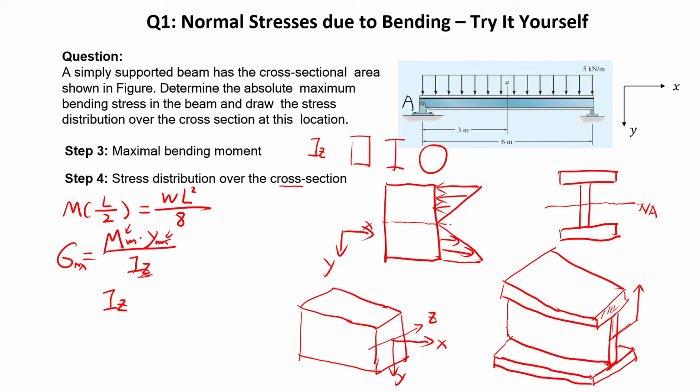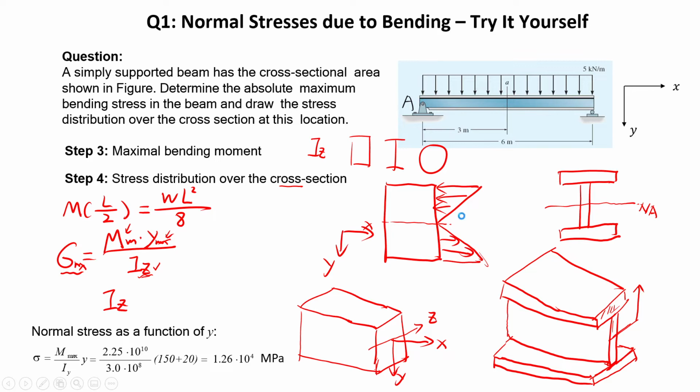So this will be fixed once you calculate the constant, and the bending stress now will only depend on y. So that's why it will still follow this type of shape: compression on top, tension on bottom.